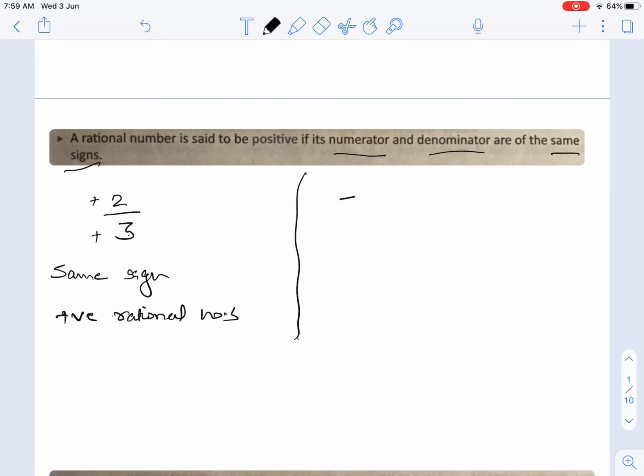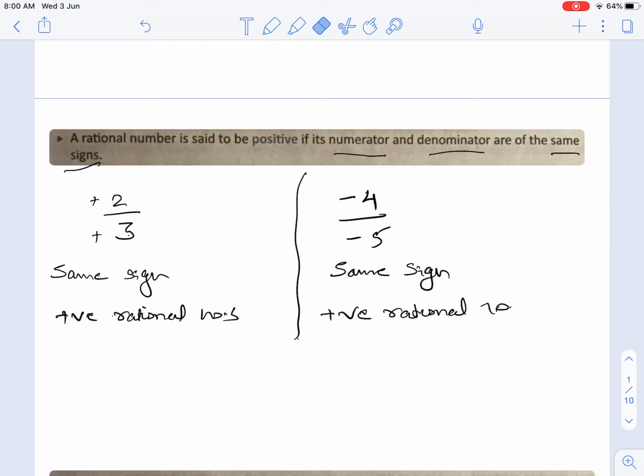Now let us write another number. What can you say about minus 4 upon minus 5? As per the rule, numerator and denominator should have the same sign. Here the numerator is negative, the denominator is also negative, so they both have the same sign, and we can say that the given number is also a positive rational number.